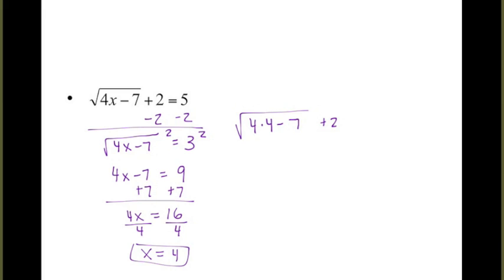So 4 times 4 is 16. Minus 7 is 9, square root of 9 is 3, plus 2 is 5, and it works out the way that it's supposed to. So you're supposed to write something if it works out? No. No, if it works out, then it's good and that's your answer. If it doesn't work out, then you would cross out your answer. And in this case, we would have to say no solution because there's no other answers.